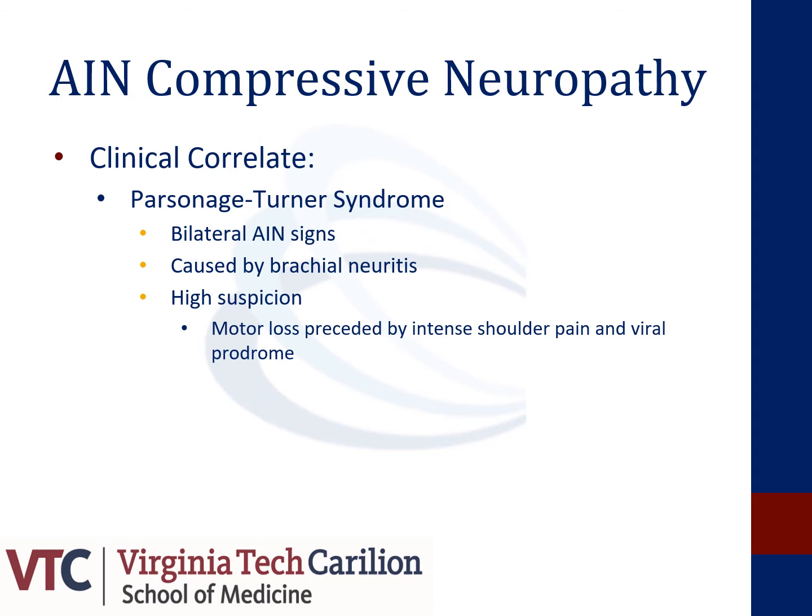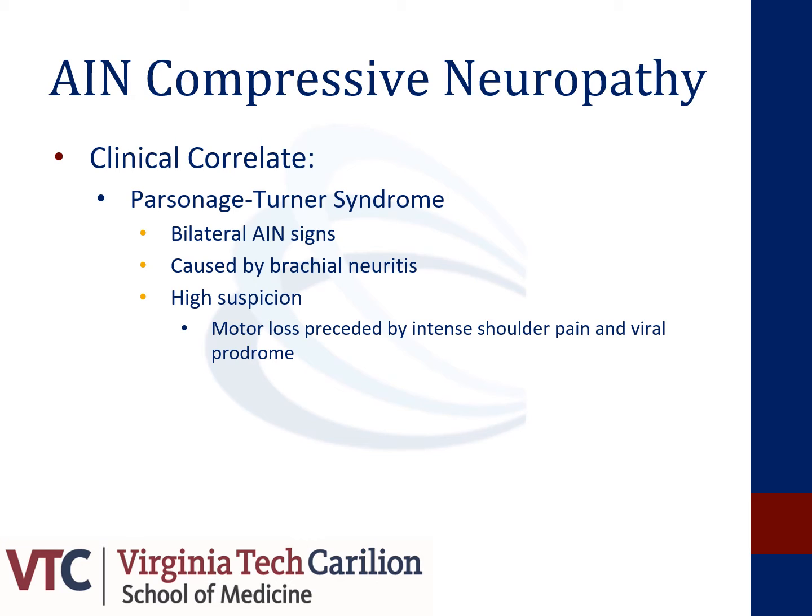An additional correlate to be aware of is patients who present with bilateral symptoms consistent with AIN compressive neuropathy. In those individuals, you should be concerned about a Parsonage-Turner syndrome, which is the result of a brachial neuritis.